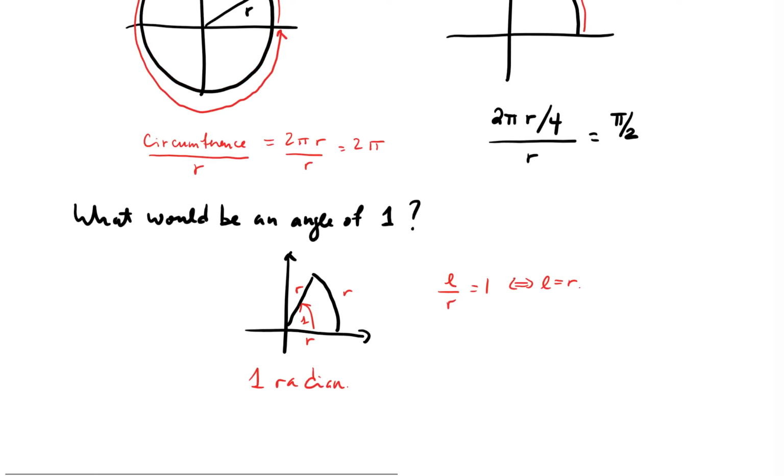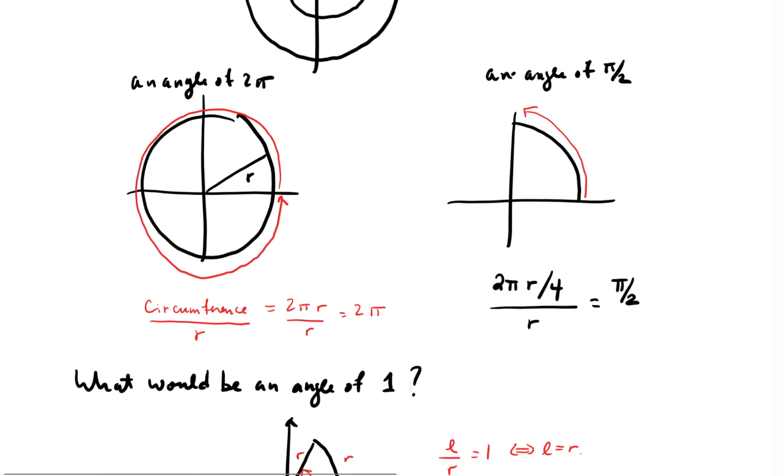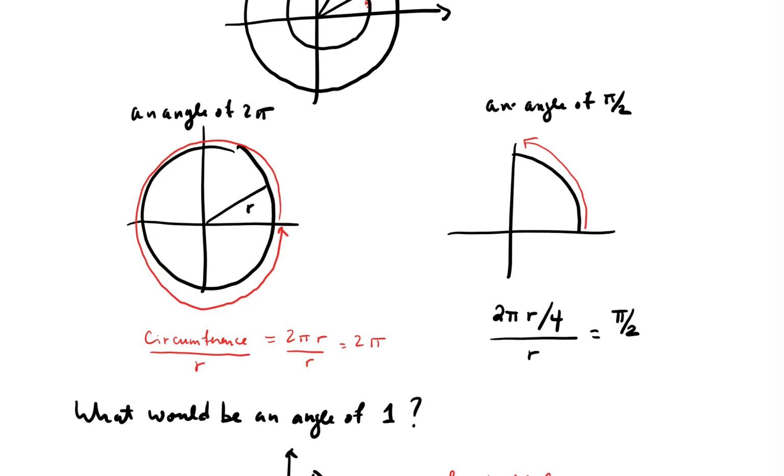Coming back to the other angles here, 2 pi radians will be the angle corresponding to 360 degrees, and pi over 2 radians will be the angle corresponding to 90 degrees.